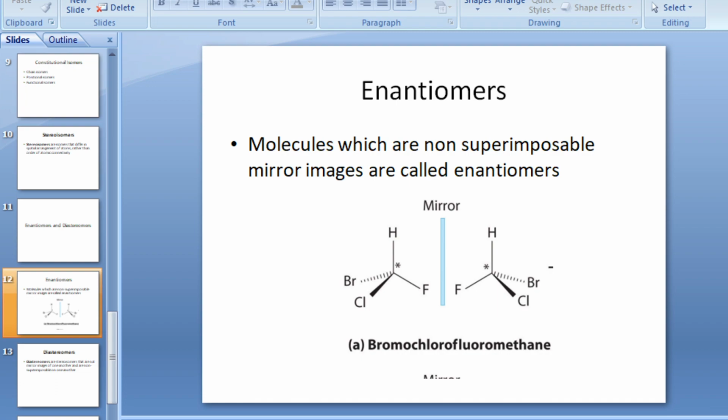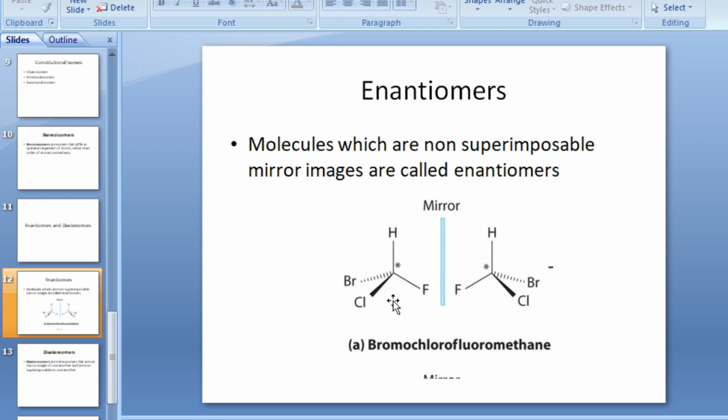And its mirror image, the blue one that you are looking at, is the mirror. If I mirror this one, bromine will fall this side, chlorine this side, and fluorine this side, and hydrogen.